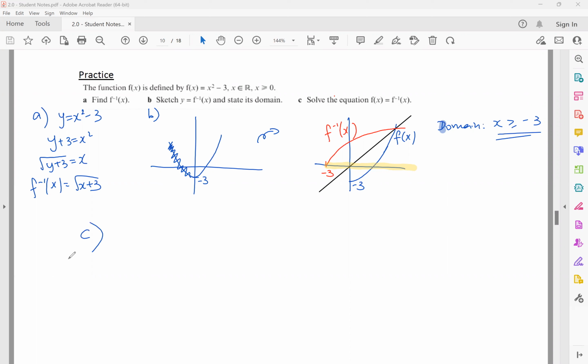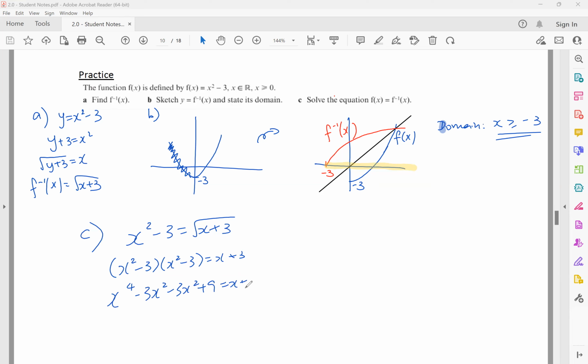Part C, solve the equation where f of x equals the inverse of f of x. So x squared minus 3 equals square root of x plus 3. Square both sides. So x squared minus 3, all squared, equals x plus 3. So x to the power of 4 minus 3x squared minus 3x squared plus 9 equals x plus 3.